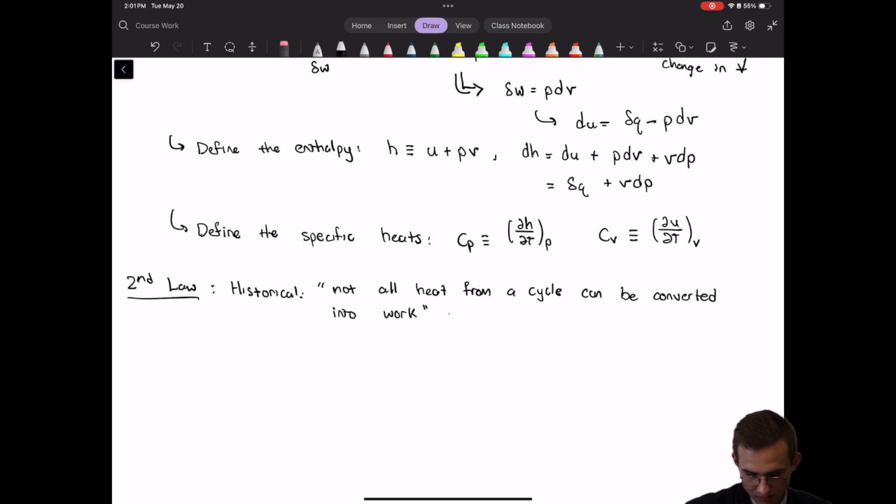Okay, or another historical way of saying this is that heat always flows, and there's a key word here, flows spontaneously from hot matter to cold matter.